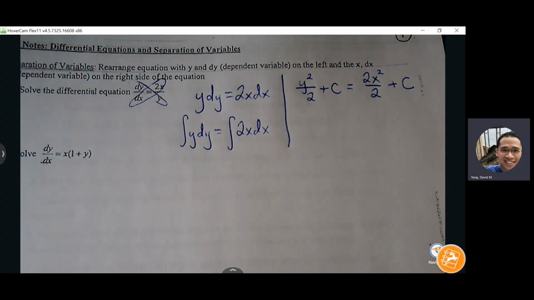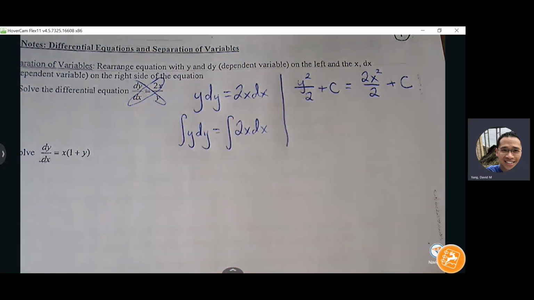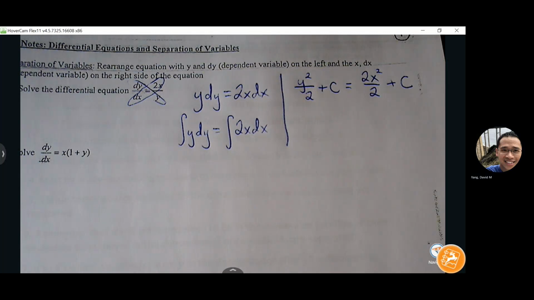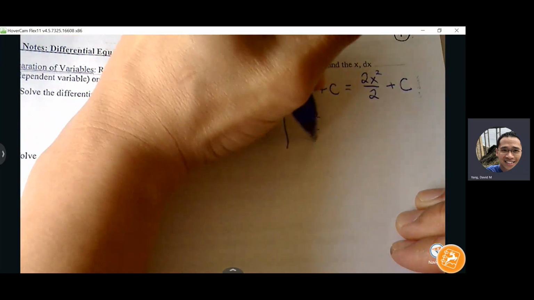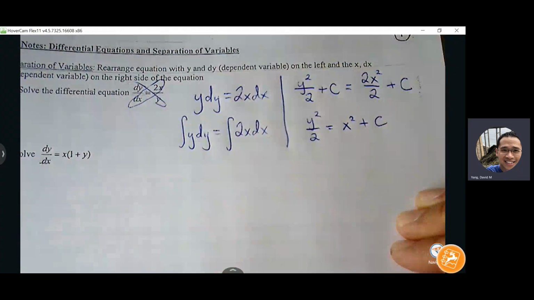Okay. Any questions so far? Now, both sides are producing plus c, but typically what we do is we group all the c's together and put it all together on the right side. So y squared over 2 is equal to x squared plus c.